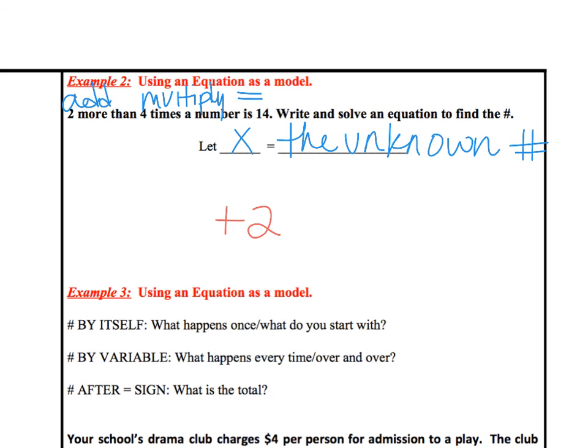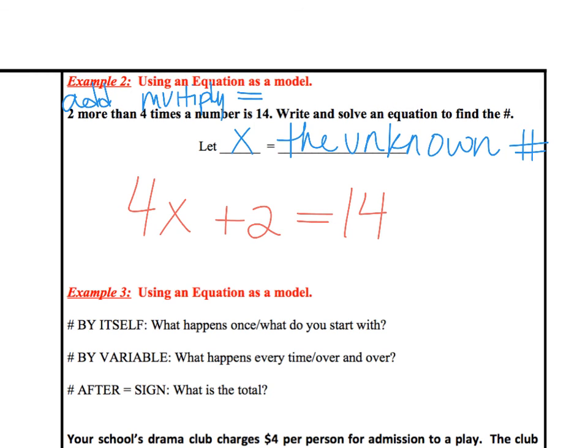Do we know what the number is? X, right? We don't really actually know what it is. So what should I put? If I'm multiplying by 4, what do I put next to the 4? So I'm going to put 4x. 4 times that number plus 2 more is equal to 14.